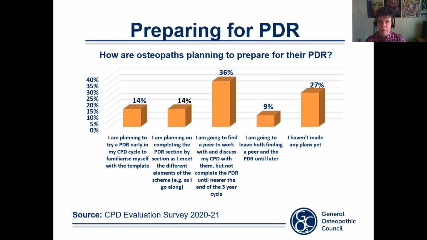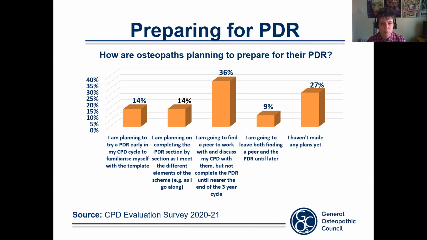When we look at preparing for the peer discussion review, we can see how osteopaths are planning to prepare for their peer discussion review. So the large majority are planning to find a peer to work with and discuss their CPD with them, but not complete the peer discussion review until nearer the end of their 3-year cycle. So 36% have said that they will do that.